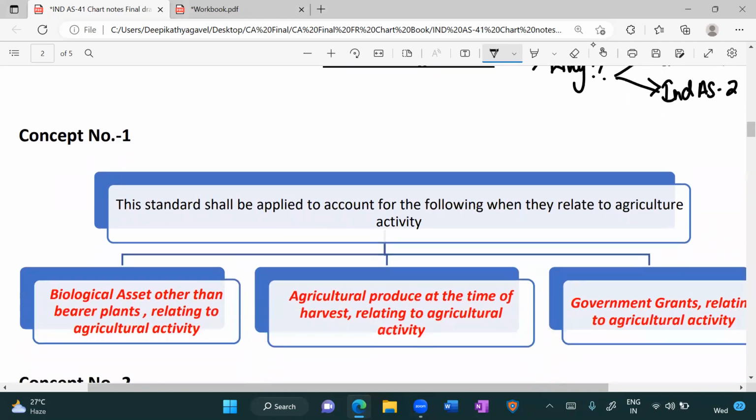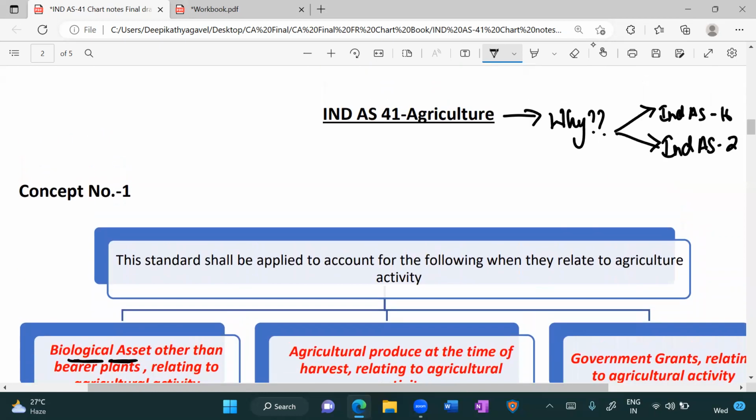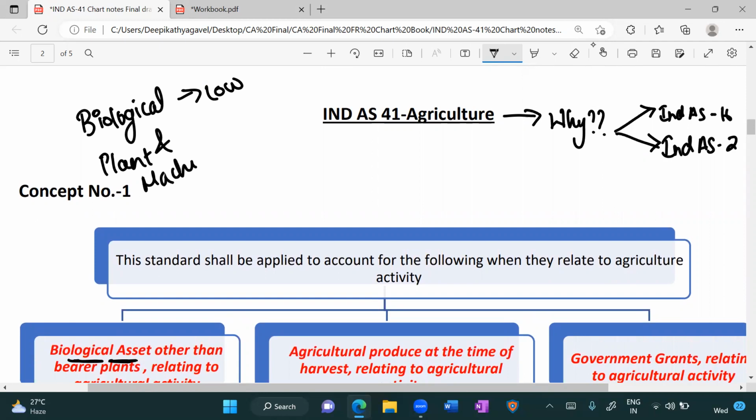Let me give you a simple example. This standard covers biological assets, which we'll be studying in detail. Let's take a cow. Now let's compare this cow with plant and machinery, which is covered under IND AS 16 as PPE.